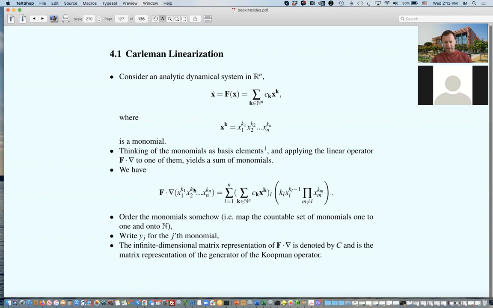If I select the lth term here, then the result is going to be x_l to the k_l minus 1 multiplied with k_l. I've just differentiated x_l to the k_l with respect to x_l, and this is what I got. And the rest is going to stay the same, so there's this product of the rest of these terms on their own powers for m not equal to l.